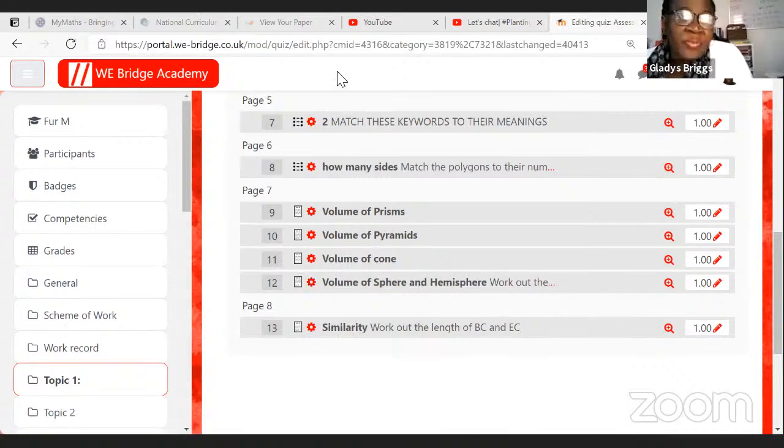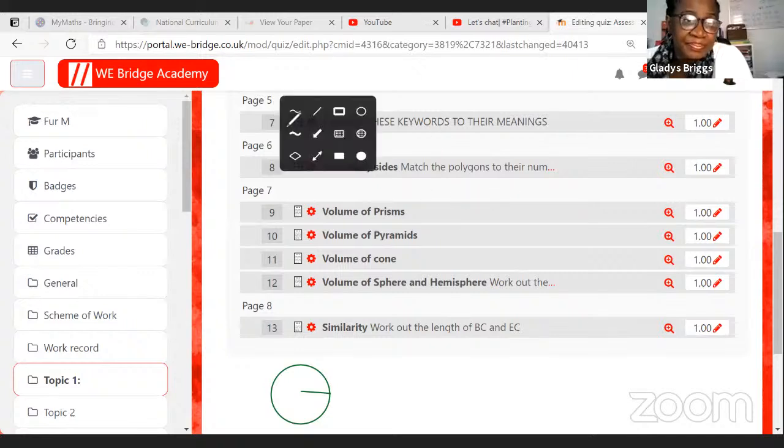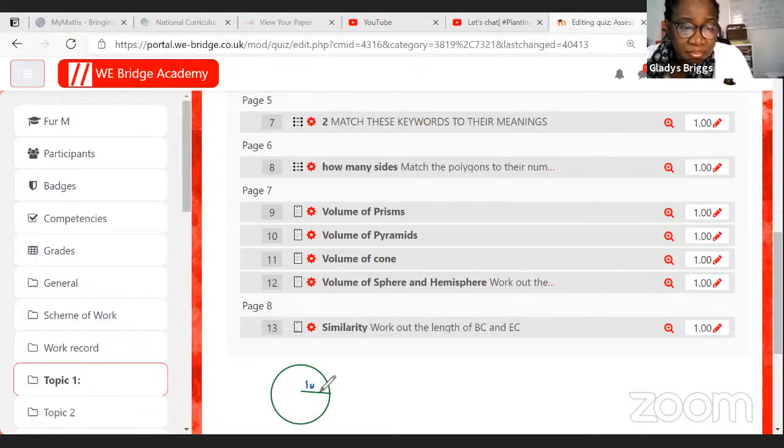So if I give you, for instance, a circle like this one right here with a radius of maybe 7 centimeters or maybe 10 centimeters, and then, for instance, I say calculate the perimeter and area.